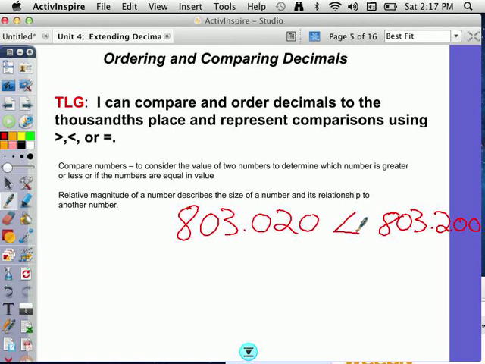Good job. And students are also expected to order numbers from least to greatest or from greatest to least. And when they do this, we also expect you to line your numbers up so you can identify by place value. Let's move on.